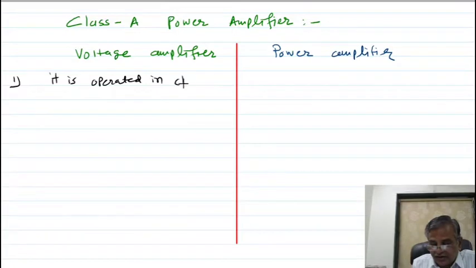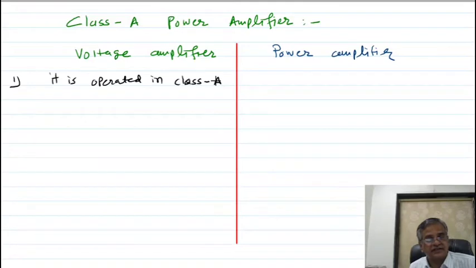You must know there are three basic kinds of operation: class A, class B, class C. Then more categories: class AB, class B1, B2, so many categories. We are discussing only class A mode. A voltage amplifier is always operated in class A mode.